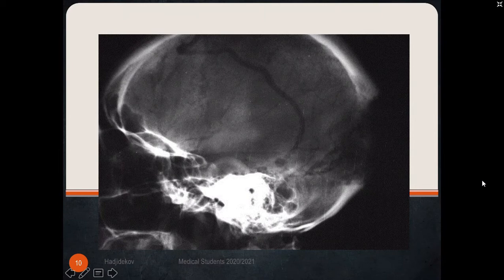Those are the vessels. But if we take a look here, what is this? This is an enormous, big hole here in the occipital part of the skull, and we're not pretty sure. It could be either a tumor or traumatic changes. But if it's a traumatic change, we need again a CT, because it could be a gunshot trauma as well, because we can observe here the projectile, the line of the projectile.